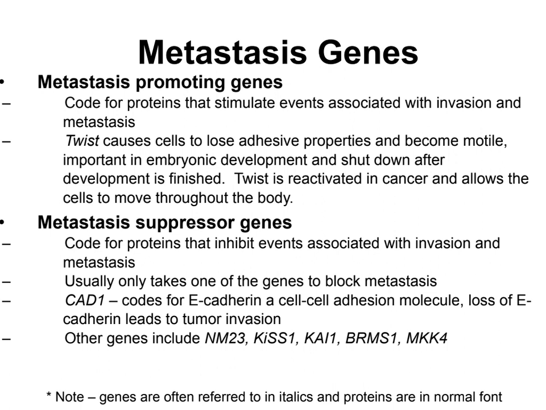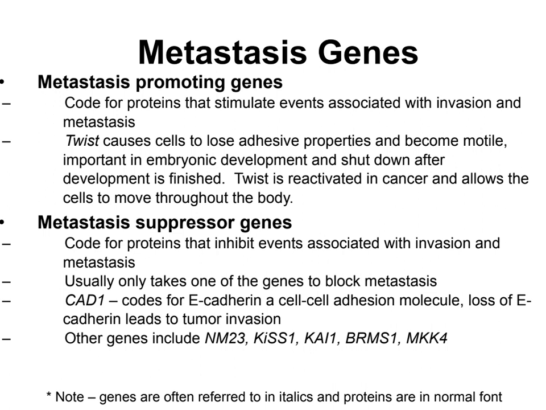So we've already covered a couple different kinds of genes. There are a whole host of other genes that have been studied that are involved in these processes and that have also been found to have altered expression in these different tumors. But in general, metastasis promoting genes will code for proteins that stimulate events associated with invasion and metastasis.